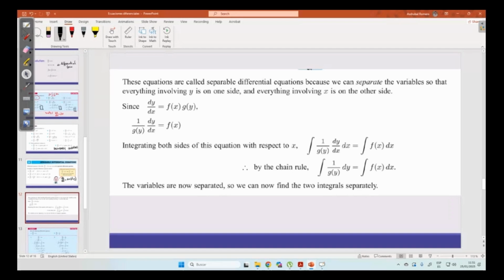This is what we did, for instance, with this. dp/dt equal 3p was an example of separable, because I can put the variable p to this side, the variable t to the other side. Remember that here p is y, t is x. Yes?